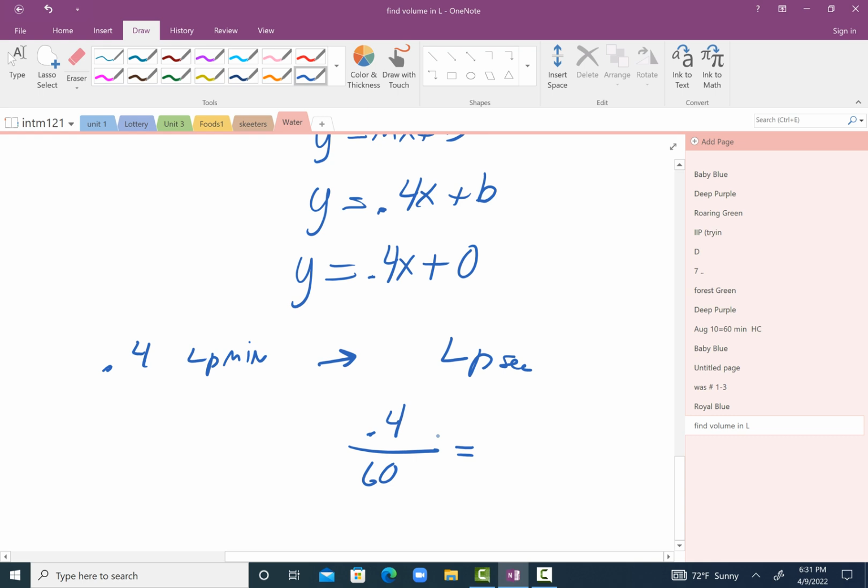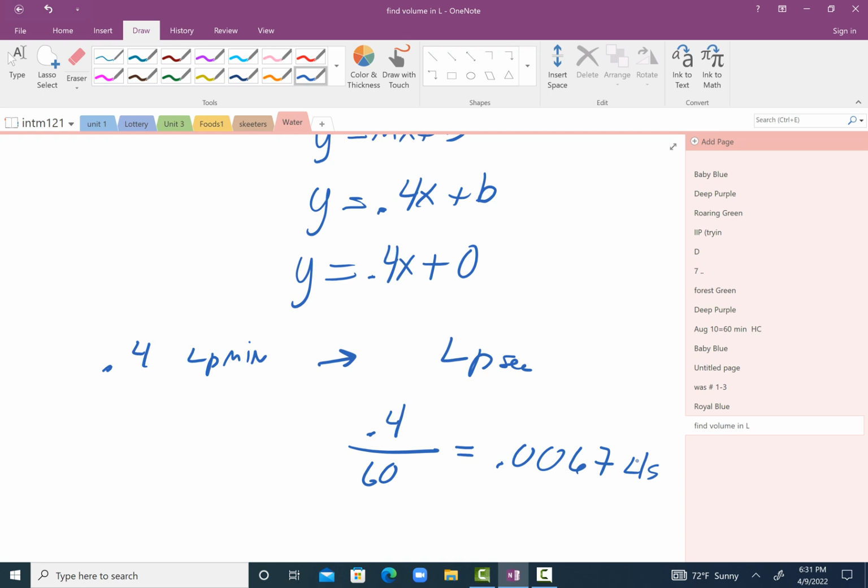I think I got a calculator here. I can do that. So if I take 0.4 divided by 60, I would get 0.006. You can round it, or you can make it 0.6 repeating. Remember, that's in liters per second, though. So if you wanted to, again, if you want to move it in hours, you're just timesing by 60. Okay.